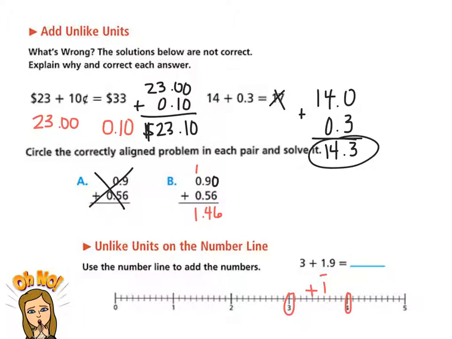And then I'm adding 9/10. So this is, remember, 1/10, 2, 3, 4, 5, 6, 7, 8, 9/10. So if I do 3 plus 1 and 9/10, I get 4 and 9/10, which is represented here on our number line.